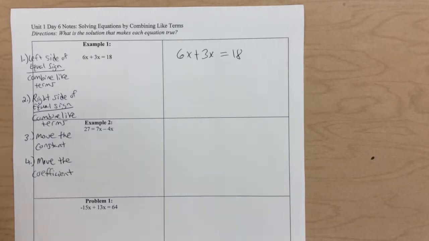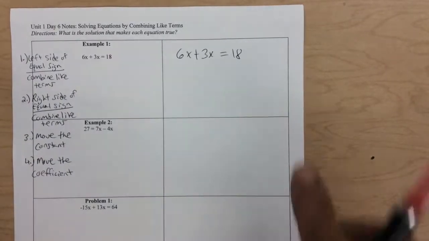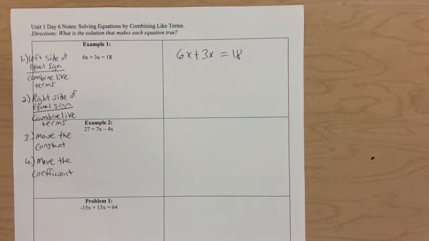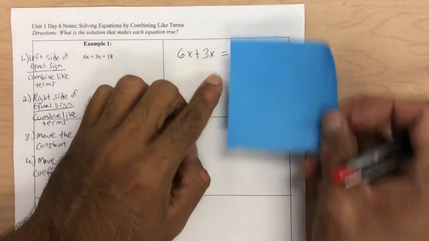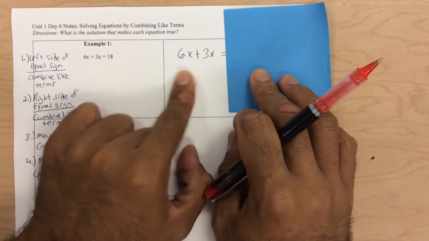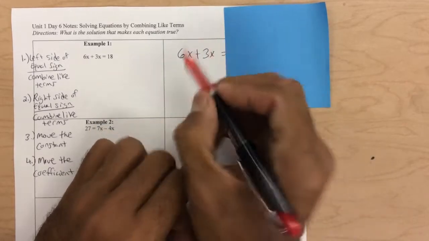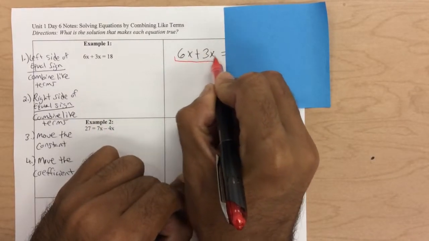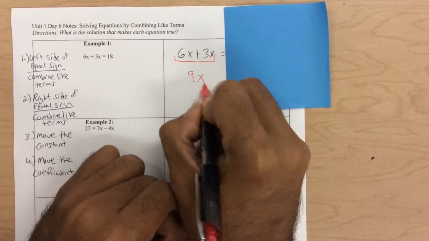Well, if you're looking at the left side of that equal sign, we do have 2 variables that we can combine together. Now, if you're having trouble determining what the left side is, just look at the equal sign and look at the left side of that equal sign. So you notice we have 6x plus 3x gives me 9x.